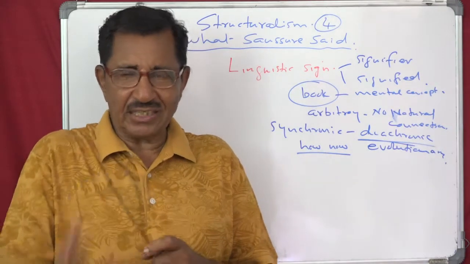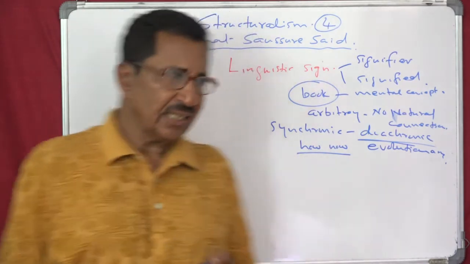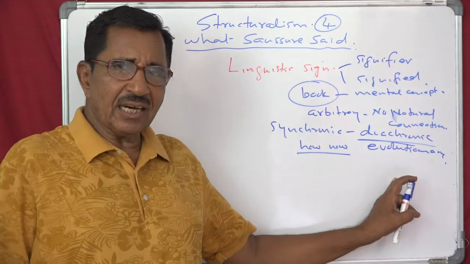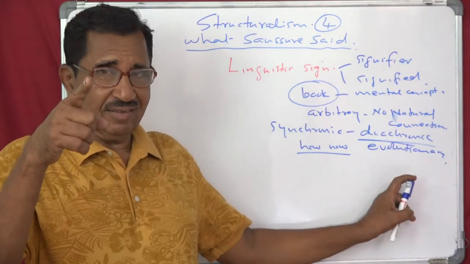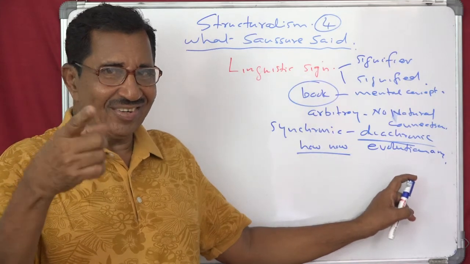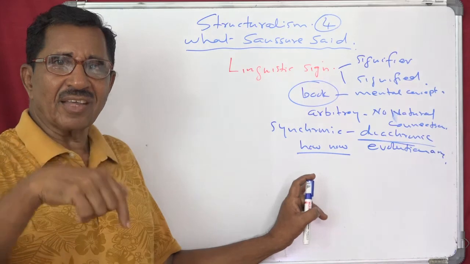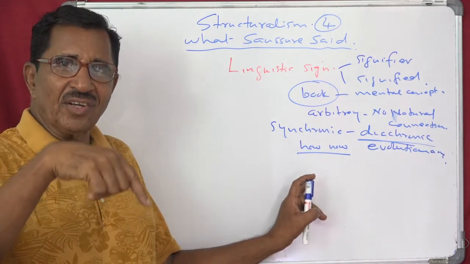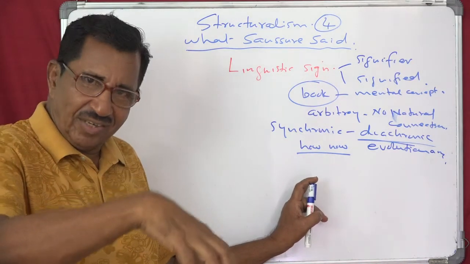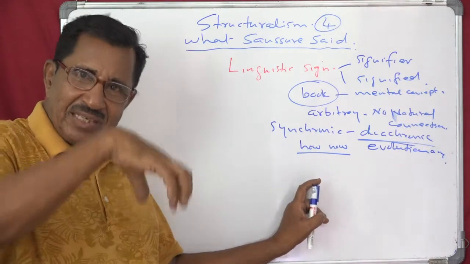That is synchronic study. In other words, another way of understanding this is, the study of langue is evolutionary. Am I wrong? I don't know. I understand it that way. But the study of parole is synchronic, because when you study parole, you are studying language now, as it is available to you.